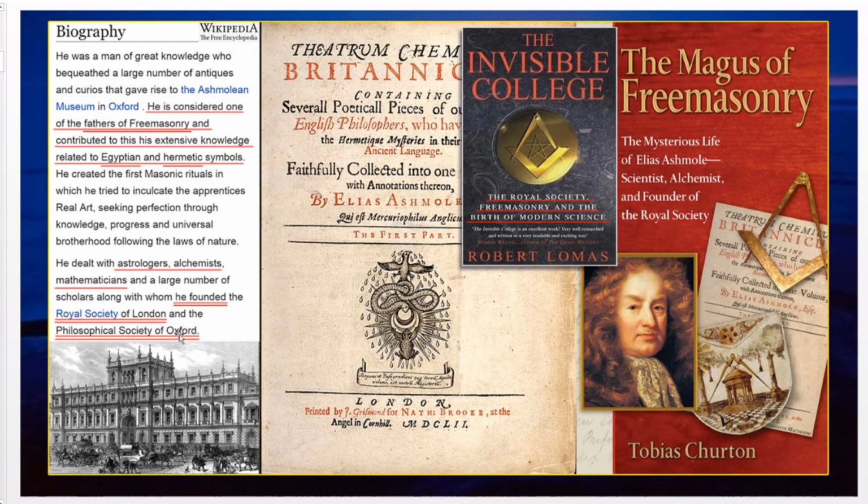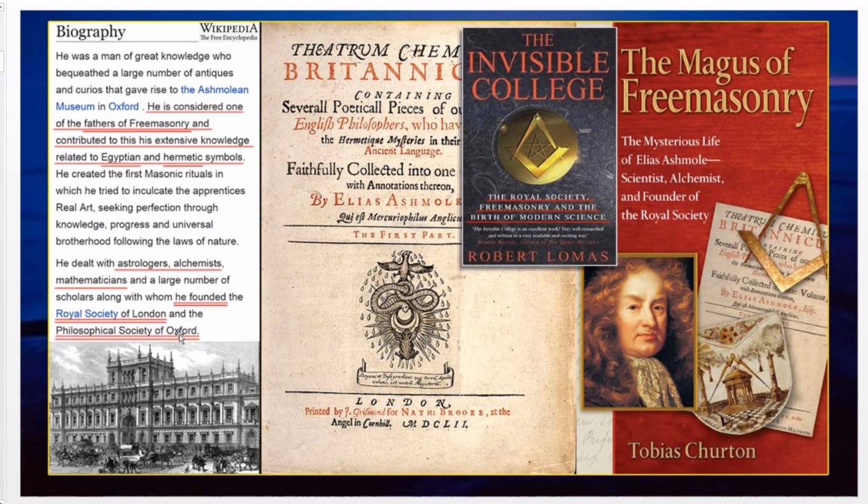So there you have it. This is the educational system that our days are based on. It's based on alchemists, mathematicians or magicals, Egyptian and Hermetic symbols, and was created by Freemasonry.